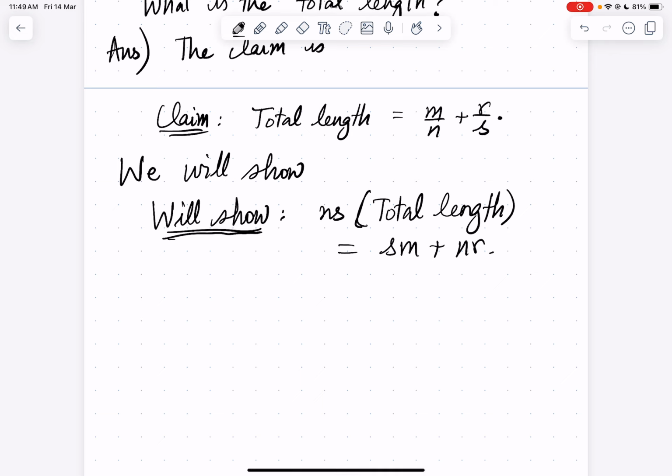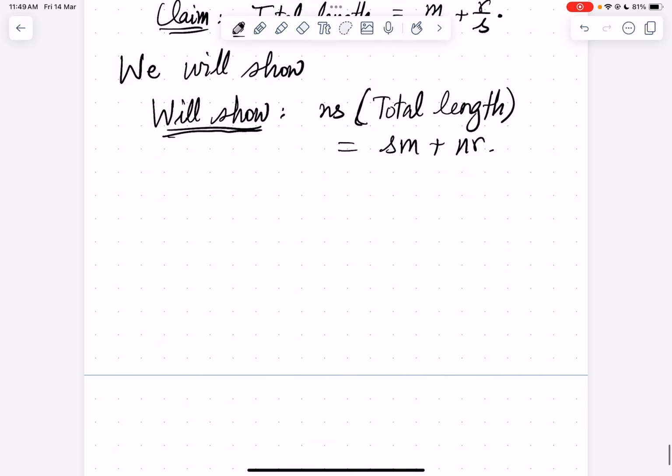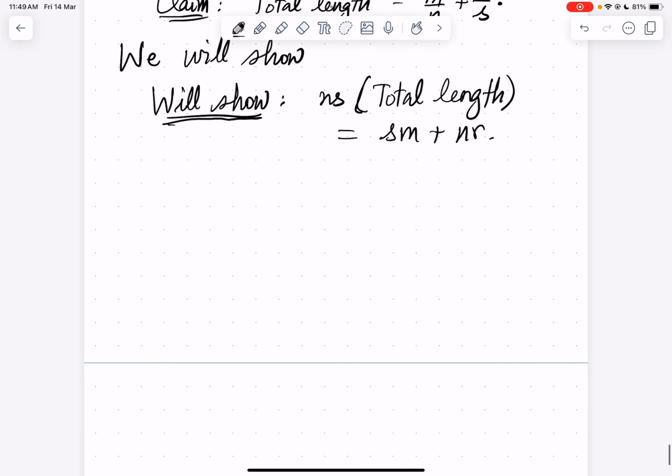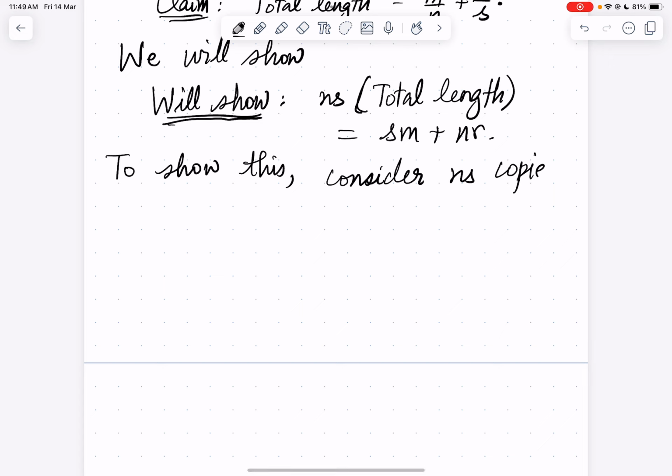We will show this relation, and this will show that the total length is m by n plus r by s. Okay. To show this, consider ns copies of total length.